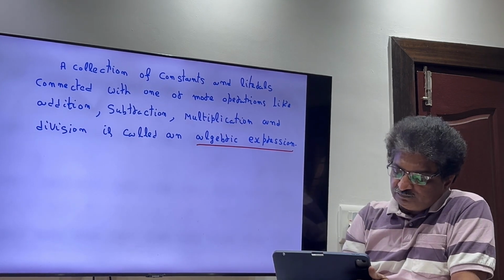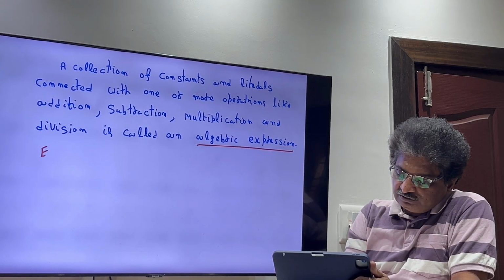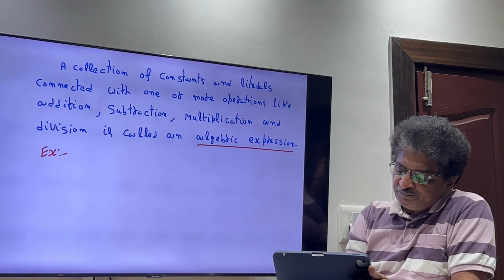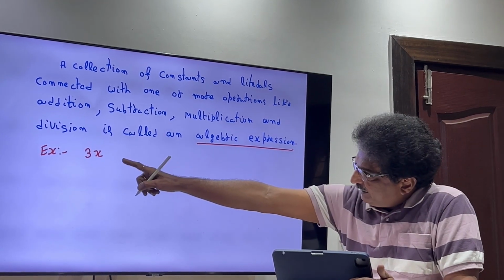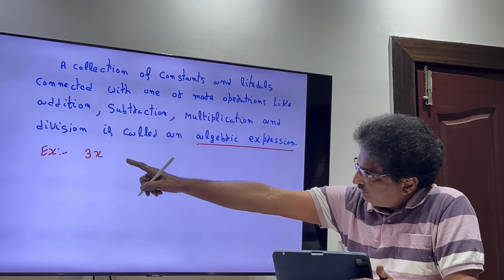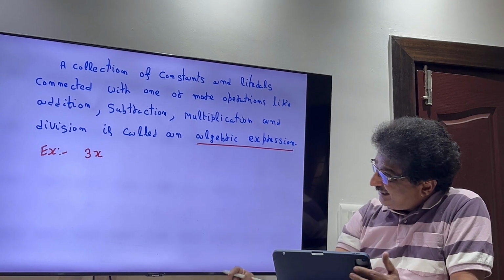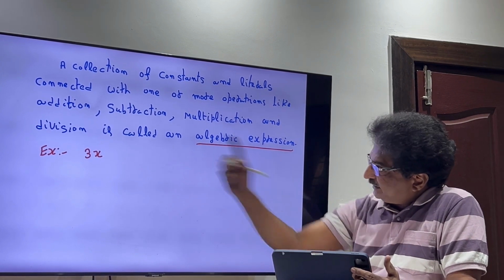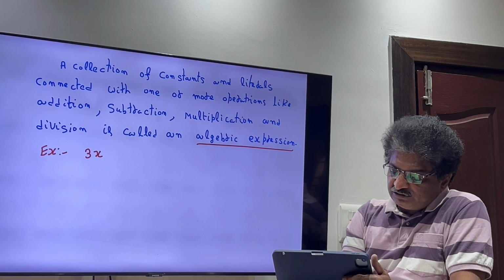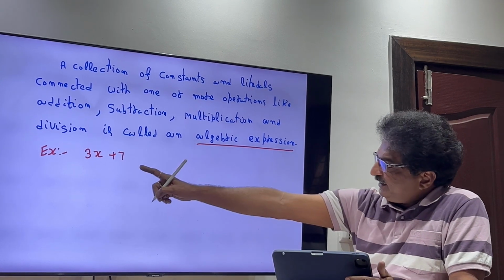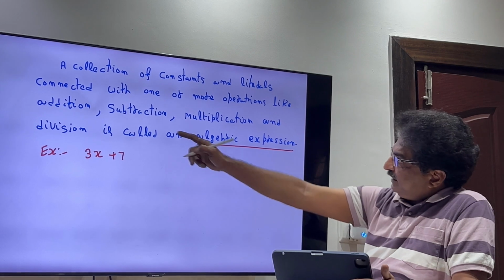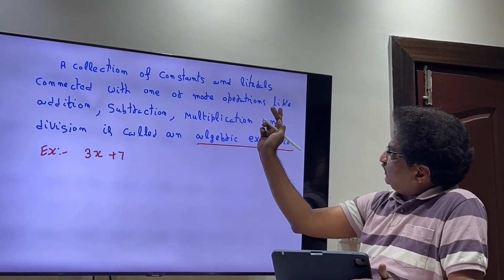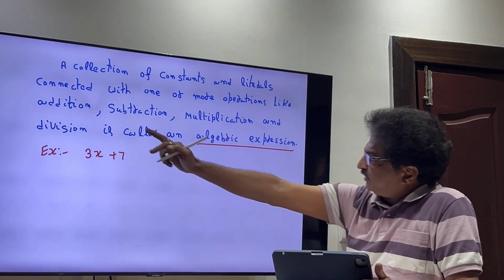For example, 3x. 3x means here 3 and x. 3 is a constant, x is a variable, but overall it is 3x. Then 3x plus 7. 3x plus 7 is a variable and a constant, with an operation of addition.